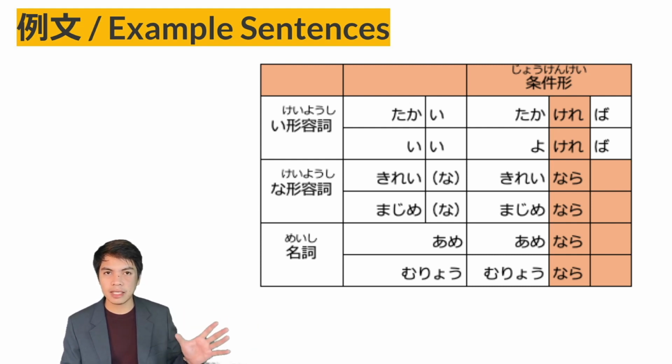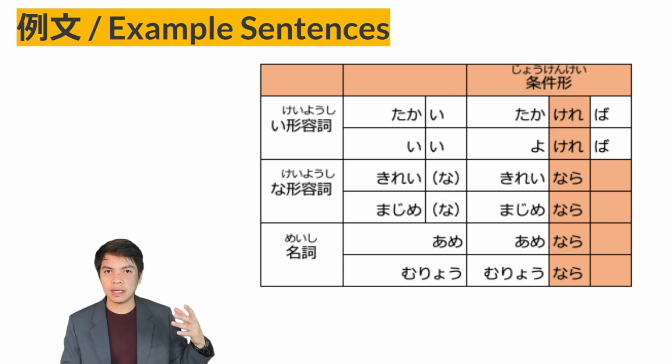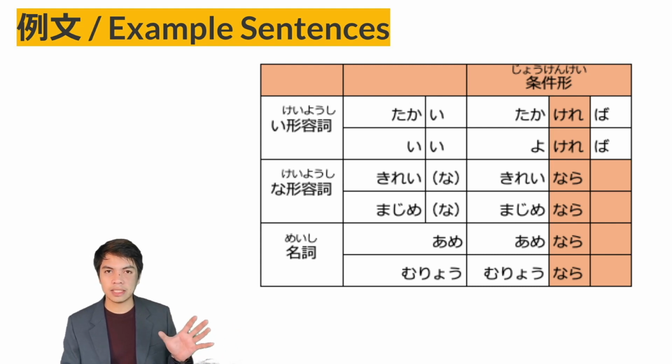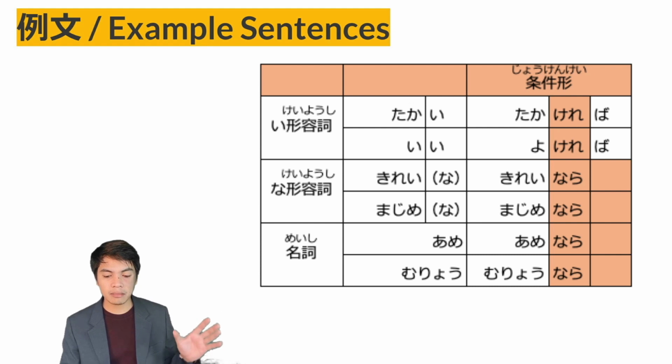So from takai, remove the i, taka plus kereba, takakereba. And the same with the other I adjectives. And for the I adjective ii, you cannot use ii, we will use yoi. So yoi, remove the i plus kereba, it will become yokereba.